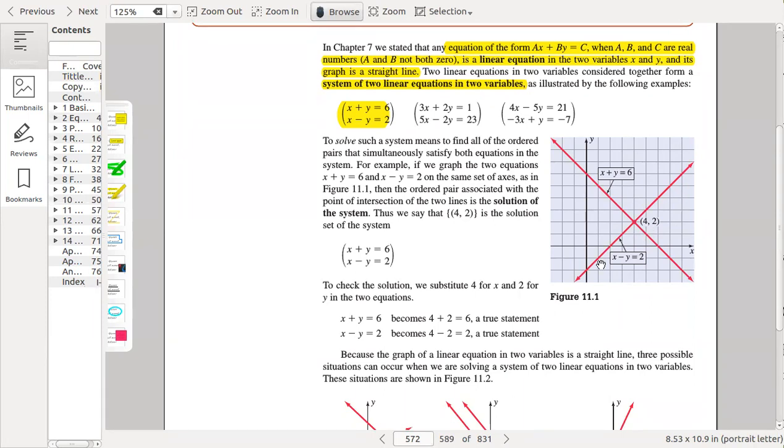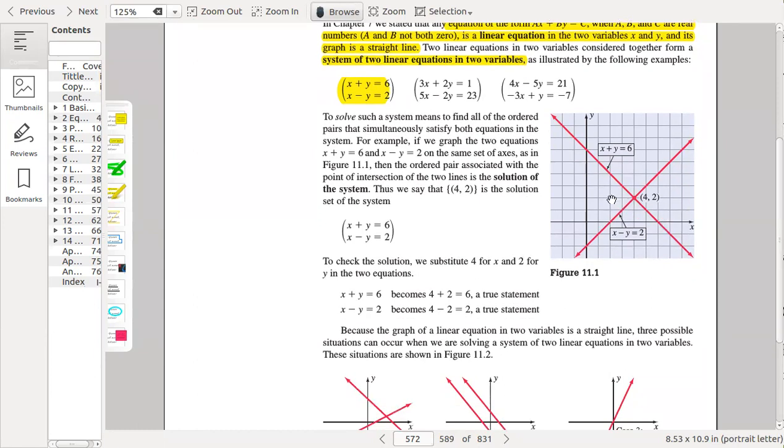Just counting the boxes: 1, 2, 3, 4, and on the y-axis 2 boxes. That is why 4, 2 is the solution for both equations, x plus y equal to 6 and x minus y equal to 2. We can even verify whether this is the solution of these equations or not.